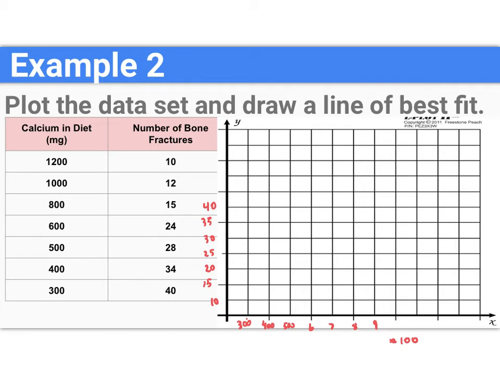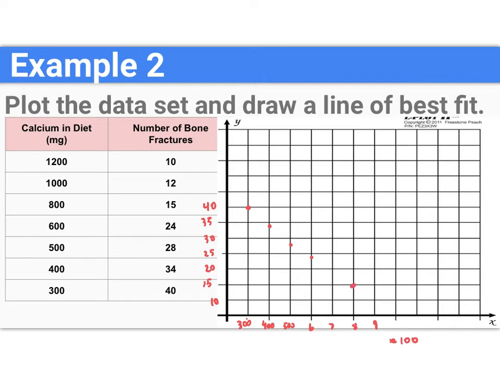300 milligrams, you got 40 bone fractures. 400 milligrams, you go 34. 500 milligrams, you go 28. 600, you go to 24. There's no 700. 800, we go to about 15.